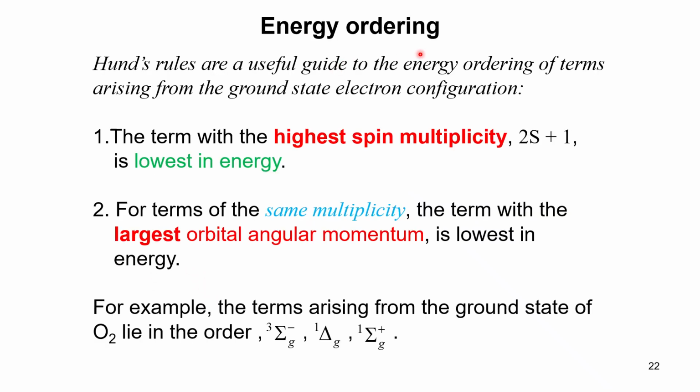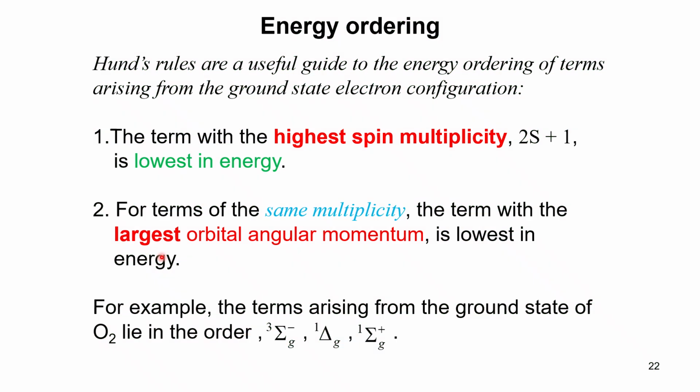The energy ordering. Hund's rule serves as a guide for the energy ordering of the molecular term symbols. First, the term with the highest multiplicity is the lowest in energy. Second, for terms with the same multiplicity, the one with the largest orbital angular momentum, lambda, is the lowest in energy.